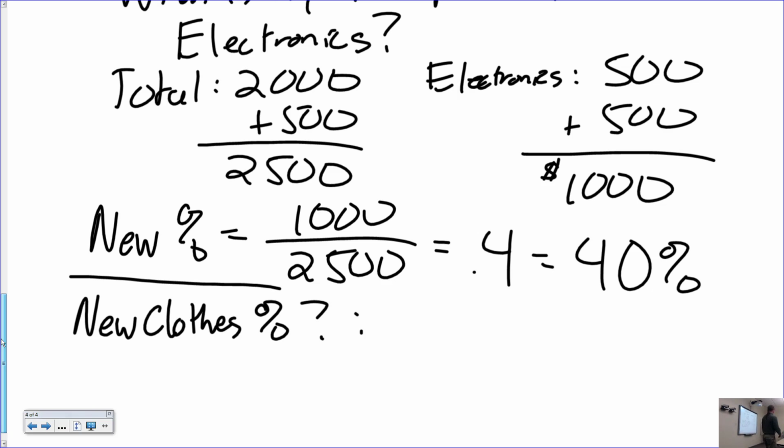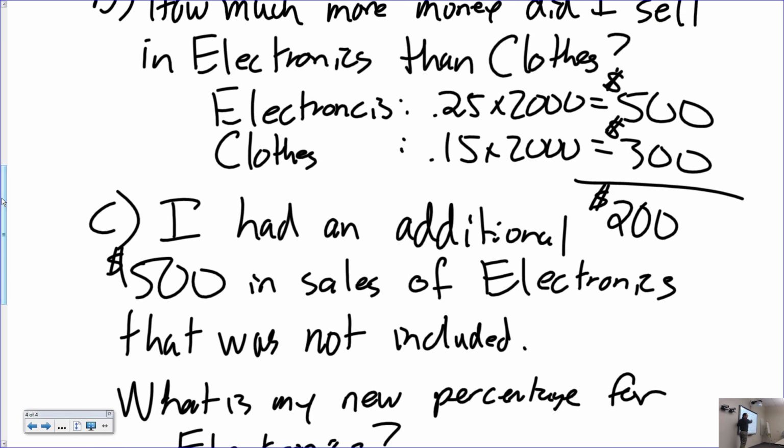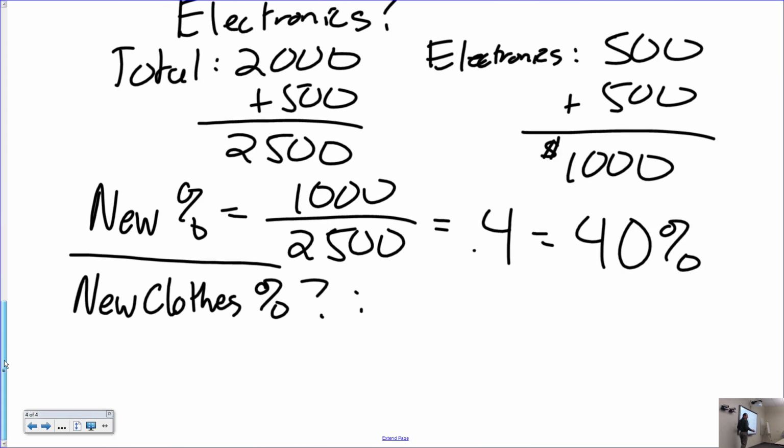Okay, but I want the new percentage of close based on the new total of $2,500. Well, it was what, 300? It was $300 before. No, we did close once. It's $300. And it used to be 15% because it was $300 out of 2,000. What is it now? What's the new total? 1,500.